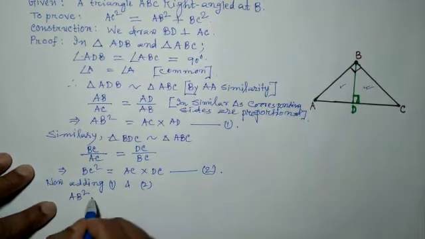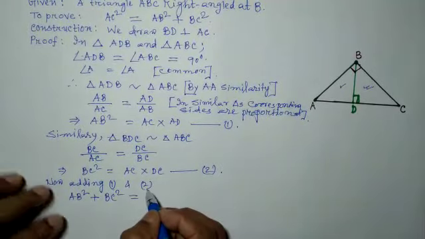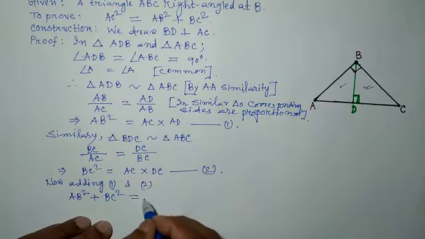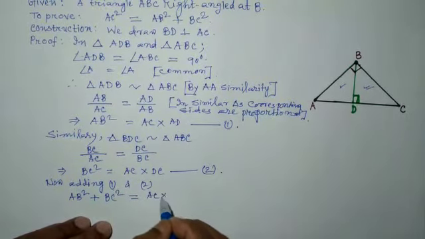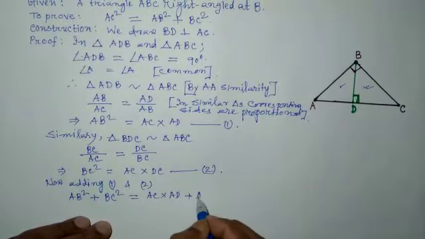AB square plus BC square is equal to, we add right side with right side, AC into AD plus AC into DC.